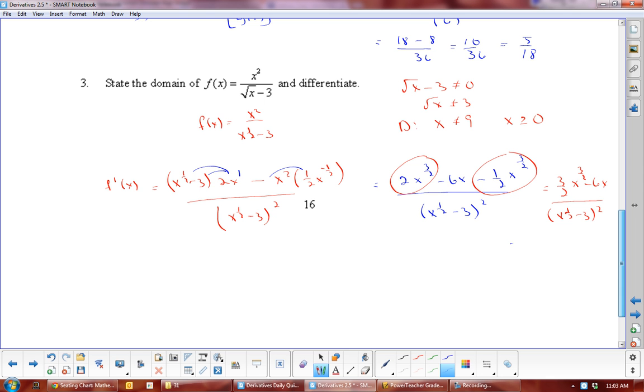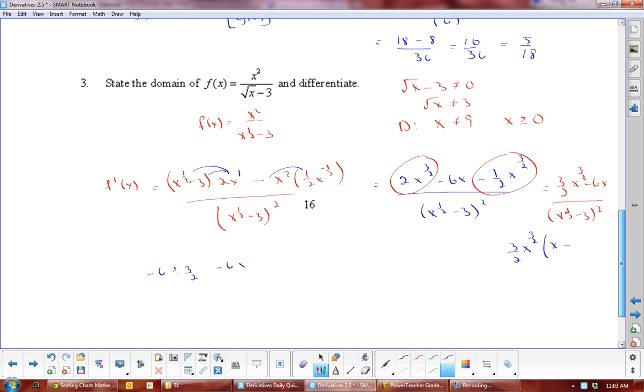So if I take 3 over 2, and I can take out an x to the 3 over 2 as well, that would leave me with x minus, now what's negative 6 divided by 3 over 2?